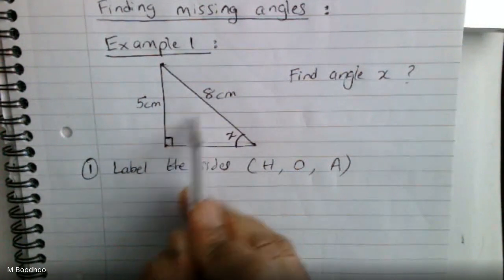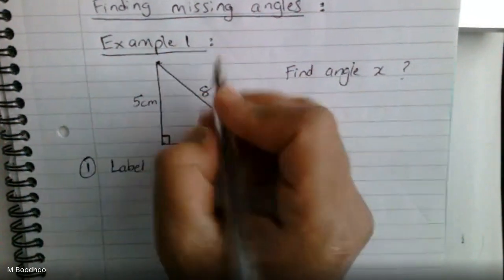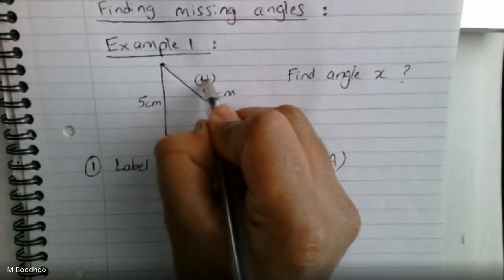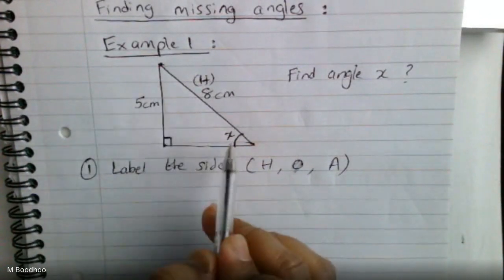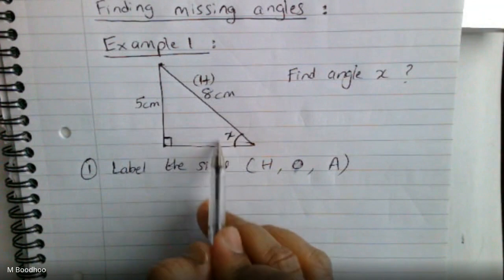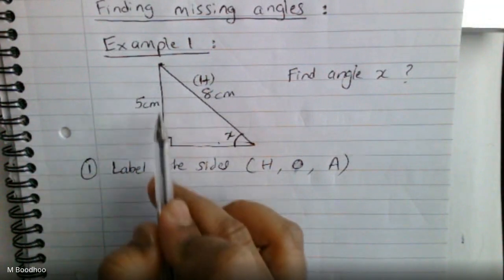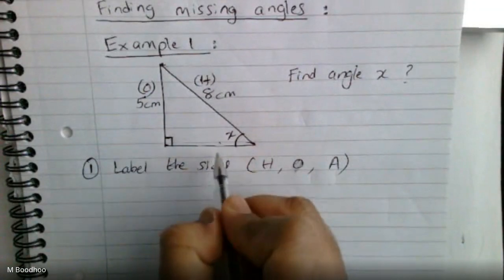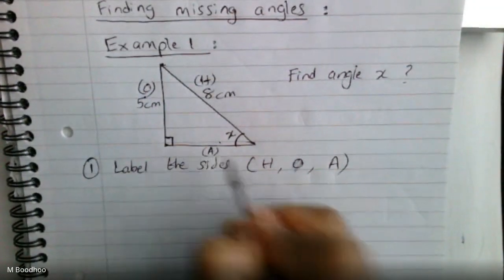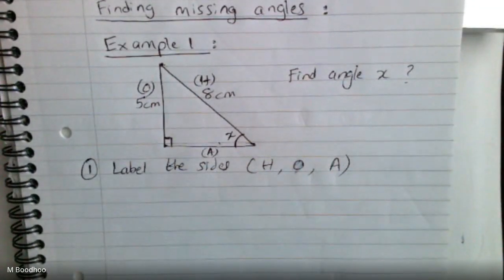The side opposite to it, the longest side, is going to be the H. The side which is opposite to my angle of reference, so my angle of reference is here, is going to be O. And by default, this is going to be A. So I've labeled my sides.